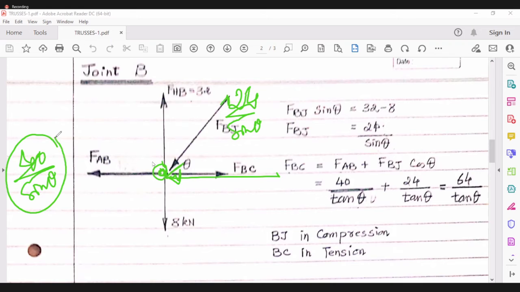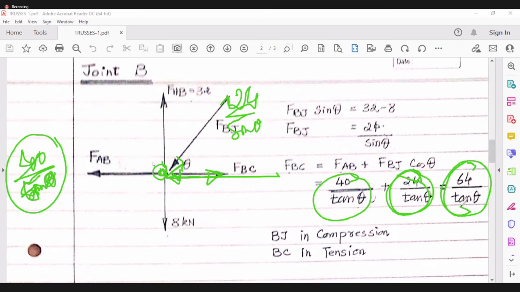This is 40 by tan theta, then we add to it 24 by tan theta, so this is 64 by tan theta. And again it is in tension. So we have finished our work over here.